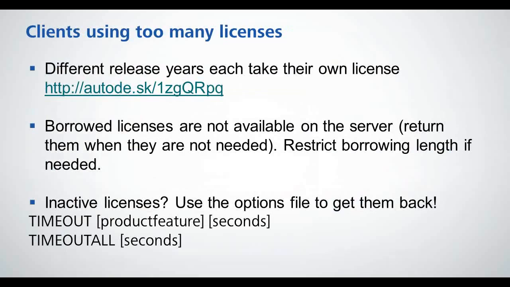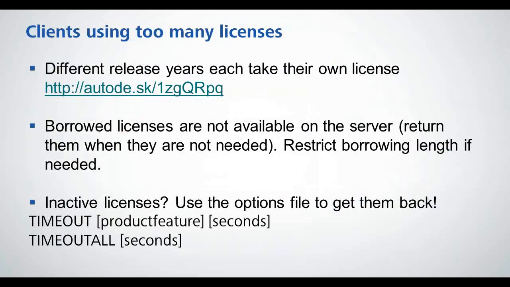The other thing that might happen with your clients is you've got folks who open up the software, they go take lunch, they leave it open, so you potentially have licenses out there that are in use but not being used. You can get some of those licenses back by setting timeouts.